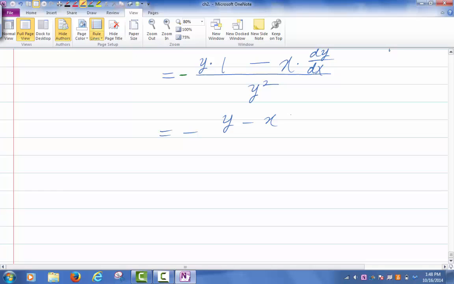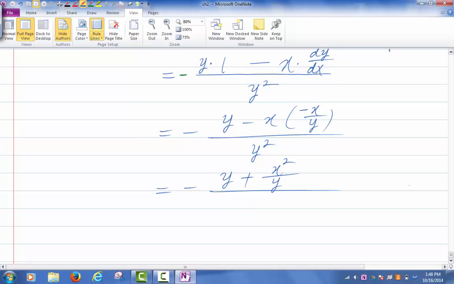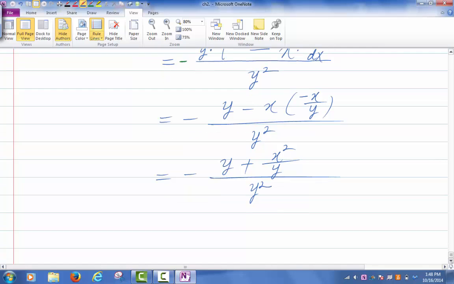Remember what was dy/dx? It was negative x over y, right? So I'll plug that in. And what am I getting then? Minus (y plus x squared over y) divided by y squared. How would you simplify this?